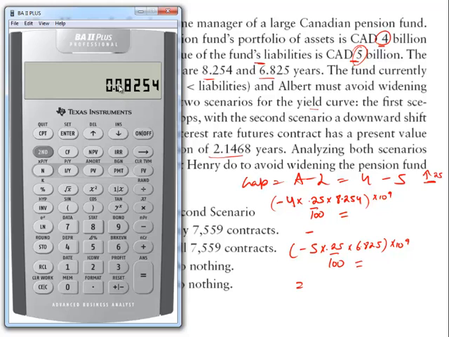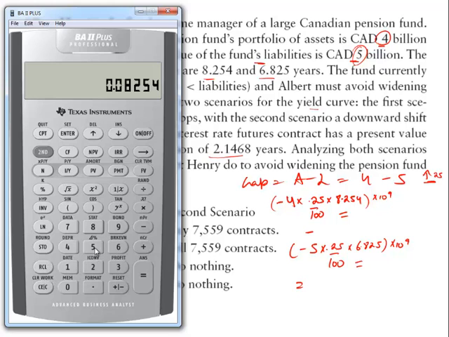That will be 0.08254 billion dollars, or you can multiply it with 10 to the power 9 and that will give us the answer in dollars. So let's store this in the memory register 1. We'll keep it in billions for the time being. Similarly, let's calculate the change in liabilities.